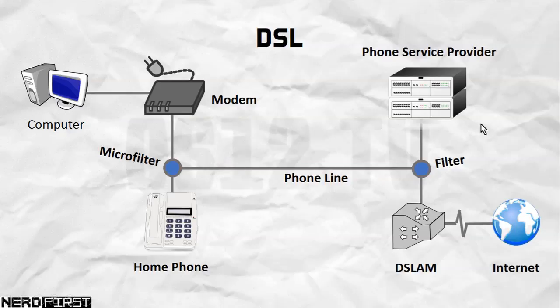And again, the whole idea is we don't want signals from our modem, from our internet surfing, to mix with the signals from our actual phone. A micro filter is an extremely important component to have. If you don't have this, you may find that your internet connection either never gets established in the first place or drops constantly, thanks to activity on your phone line. So yeah, it's important to have that there.